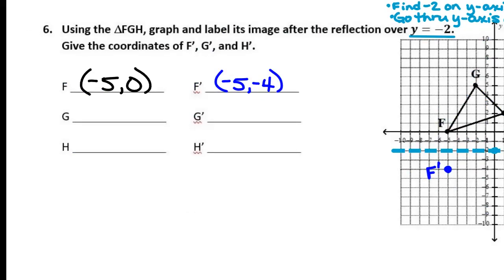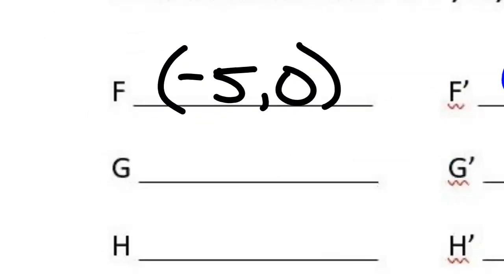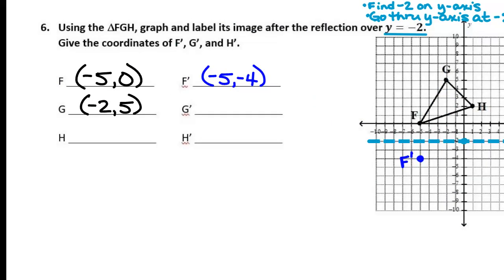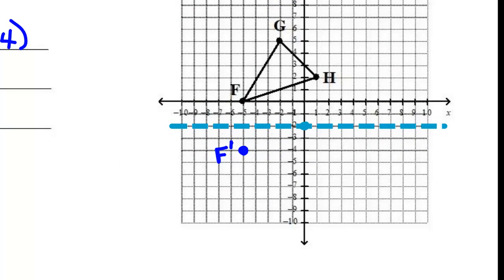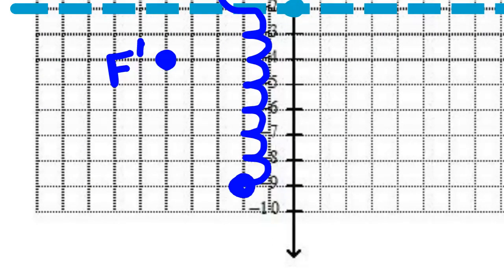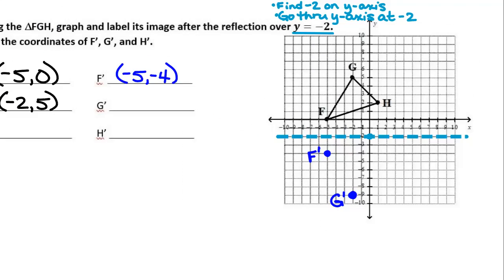All right, where is point G right now? -2, 5. And how many hops is it going to take me to get from G to that line? 7. 1, 2, 3, 4, 5, 6, 7. So now on the other side, I go 1, 2, 3, 4, 5, 6, 7. And I put down my point G prime. And where did that land at? -2, -9.